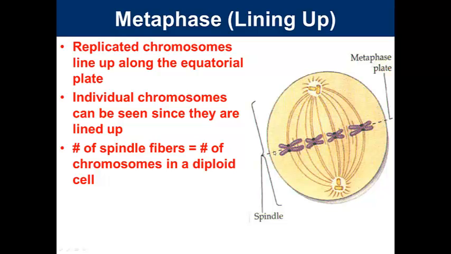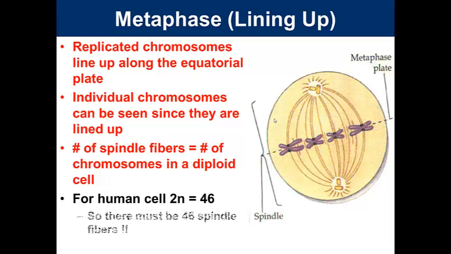The number of spindle fibers equals the number of chromosomes in a diploid cell. So, in humans, you would have 46 spindle fibers because you have 46 chromosomes in a diploid cell. So there must be 46 spindle fibers.